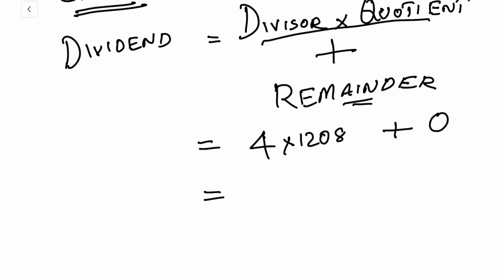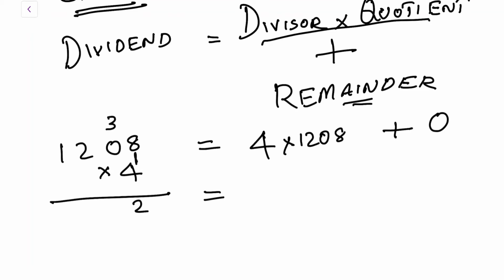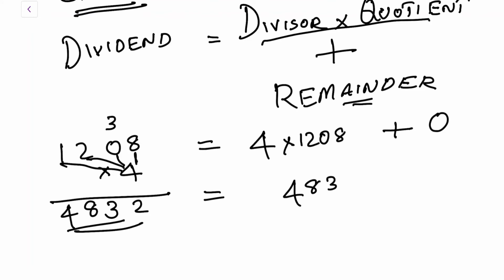Let's solve this. 1208 into 4. How do we do that? You learned multiplication in your previous chapter. So let's do that. 8 into 4, 32. 3 gets carried over. 4 into 0 is 0. 0 plus 3 is 3. 4 into 2 is 8. And 4 into 1 is 4. So it's 4832 plus 0, which is nothing but 4832.